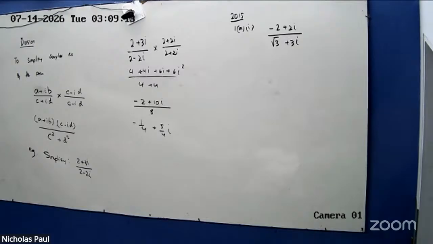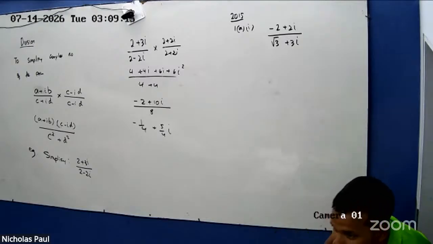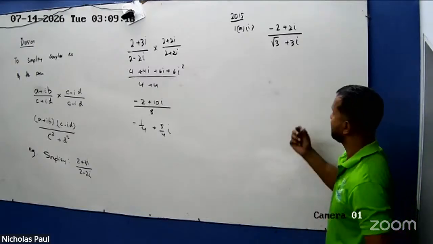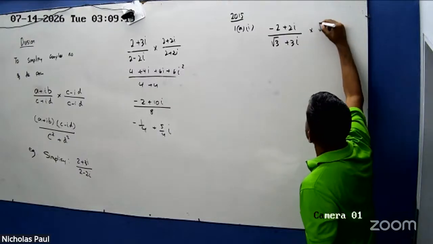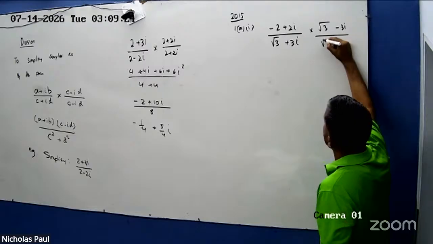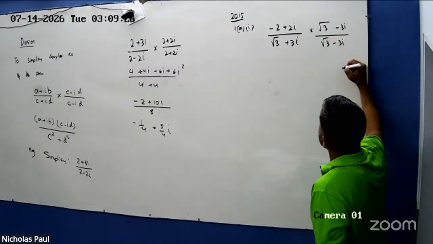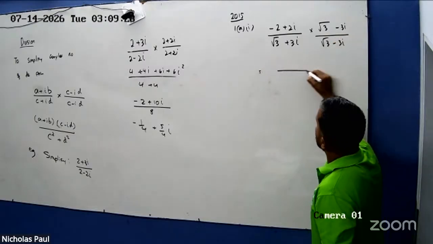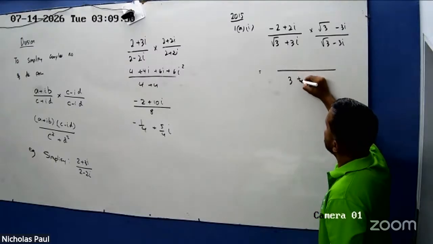Take your time and expand it out, right? So you multiply by root 3 minus 3i all over root 3 minus 3i. So your denominator is 3 plus 3 squared.